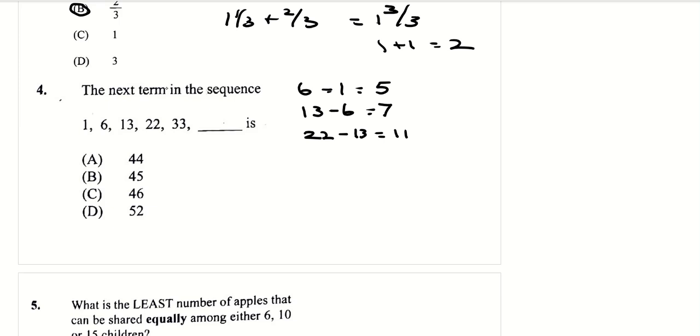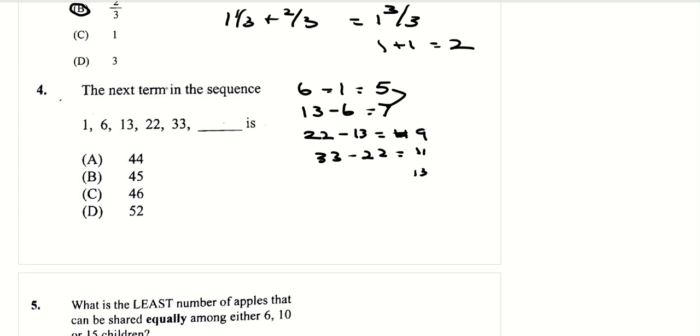Right? So, hold on, no, that's 9, sorry. And then 33 minus 22 is 11. When we look at the differences, we have 5, 7, 9, 11. We can say that it's odd numbers, right? 5, 7, 9, 11. The next one would be 13. Or you could say that the difference between one term and the previous term is 2.